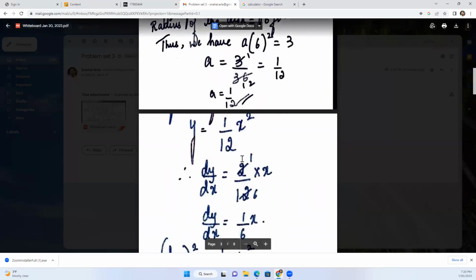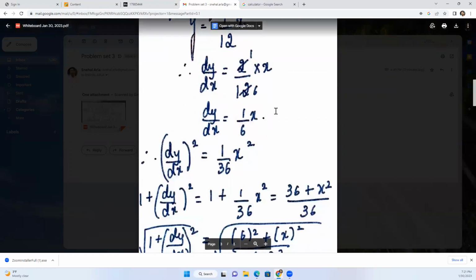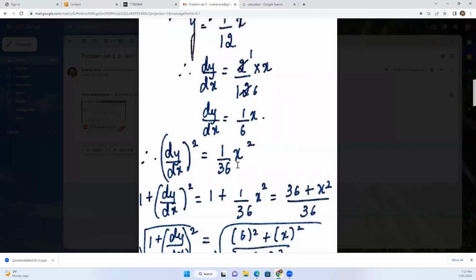Now if we differentiate that, the 12 becomes 6 after cancelling the 2, so dy/dx equals x over 6. Squaring both sides, (dy/dx) squared equals x squared over 36.